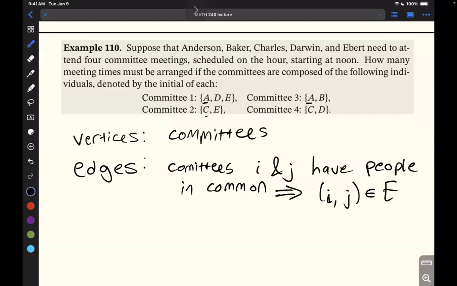So being super explicit about what an edge means: an edge is a pair of two vertices. And so committee 1 and committee 4 have Darwin in common, and so there has to be an edge between 1 and 4.